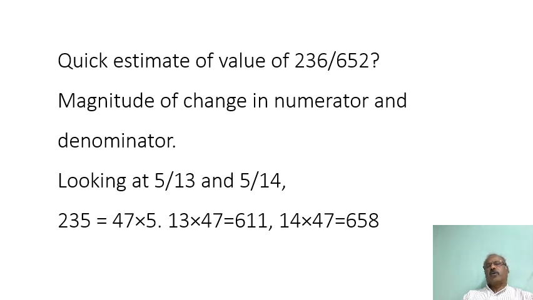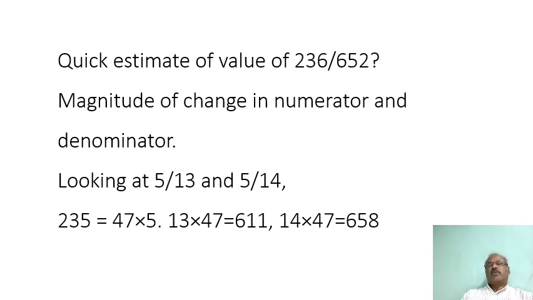So our choice of the option would be between 5/14 and 23/65. Now in 23/65, the change in numerator is 6 out of 236, and the change in denominator is just 2 out of 650.